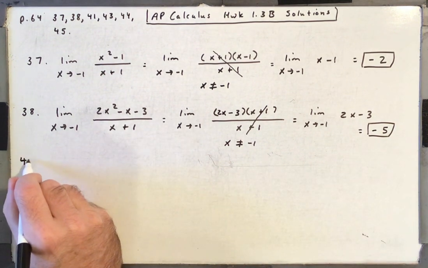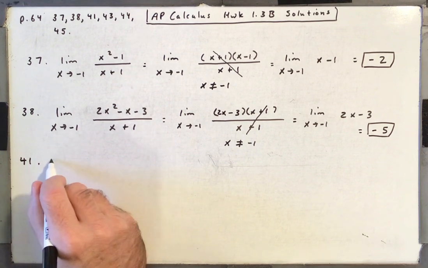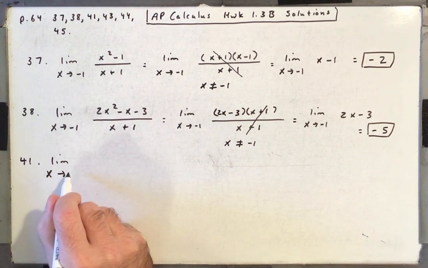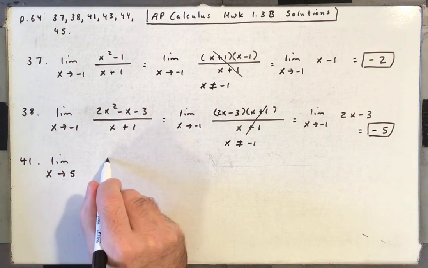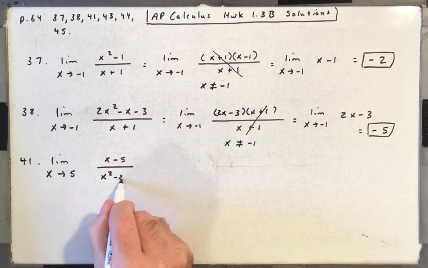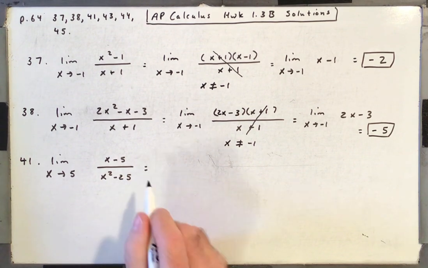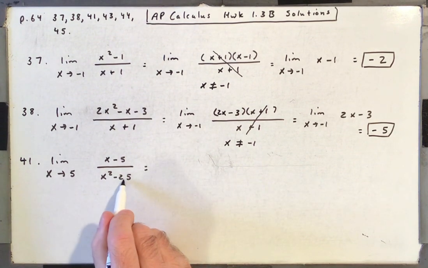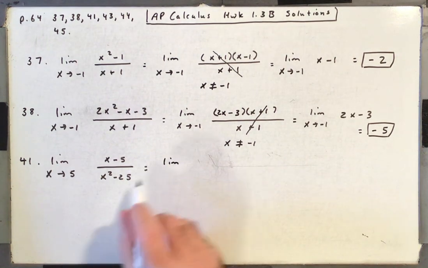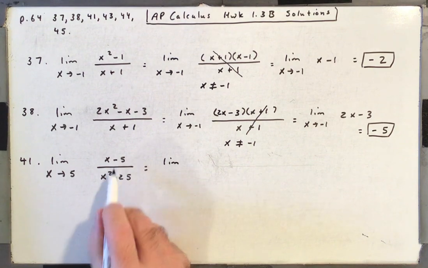All right, number 41. We've got the limit as x approaches 5 of x minus 5 over x squared minus 25. I can recognize that as the difference of two perfect squares. If you plug in 5, of course, you're going to get 0 over 0.